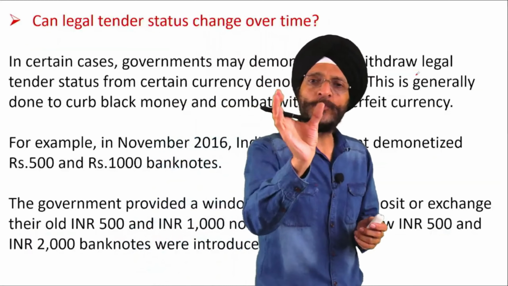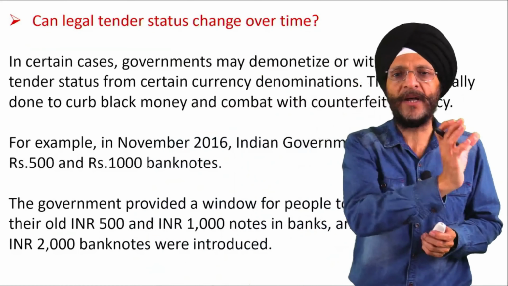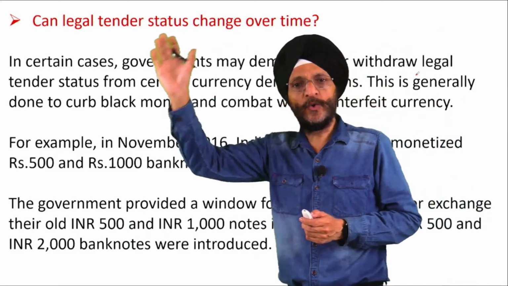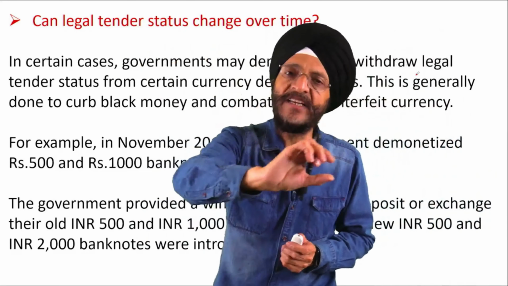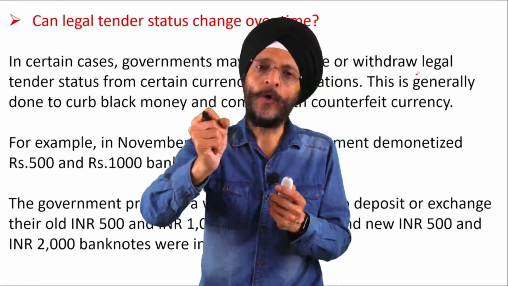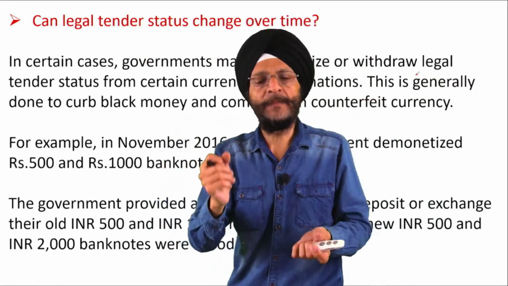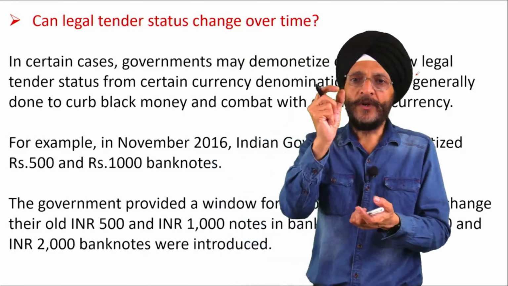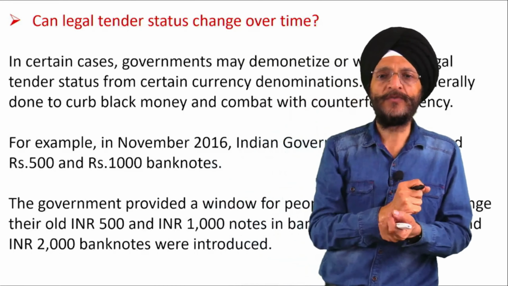Because any particular currency note has its value in the market only because the government has declared that it carries certain value. The government or the central bank has printed on each currency note the value of the same.